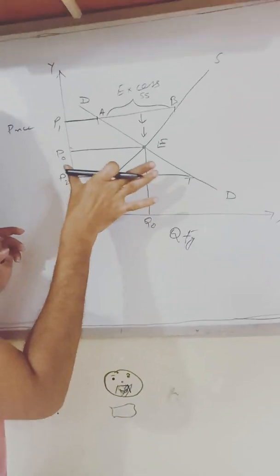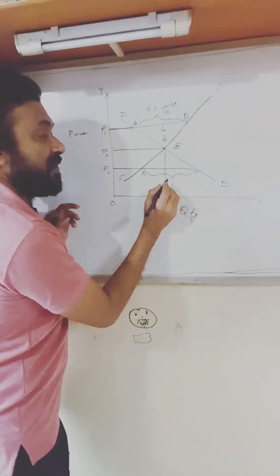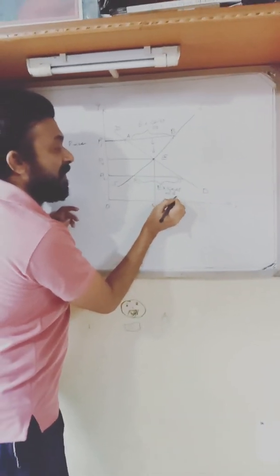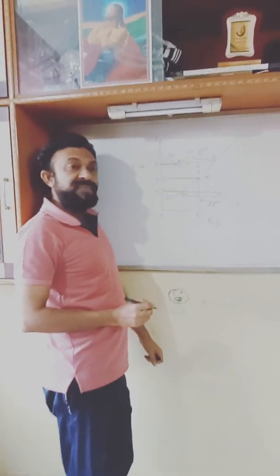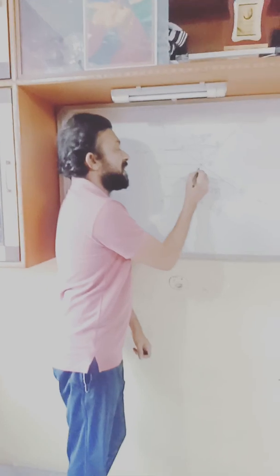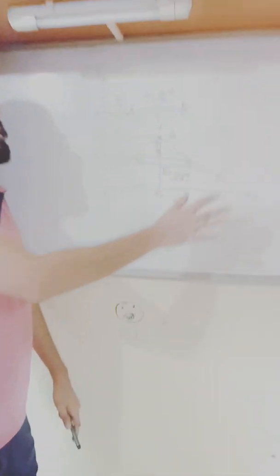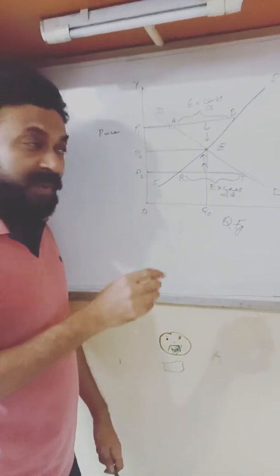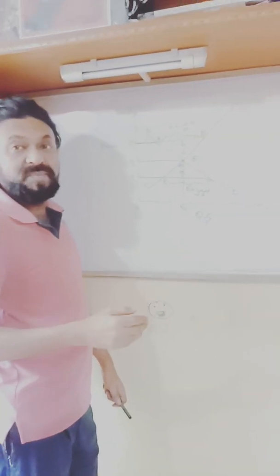Then the quantity demanded is greater than quantity supplied by how much? By this much, RT portion. And this is excess demand. And whenever there is excess demand, the price tends to rise. So this is the basic diagram, the basic thing about price mechanism. I hope this illustration makes it clear what is price mechanism.